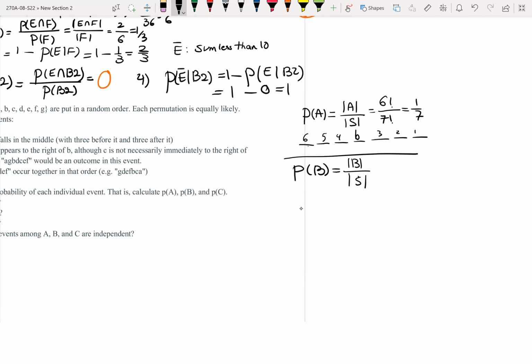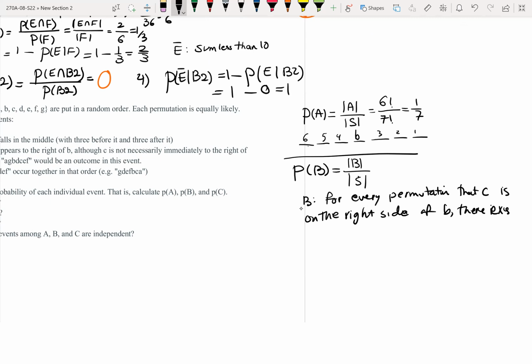So what I explained for the B: for every permutation where C is on the right side of the B, there exists exactly one other permutation where you switch the places, huh?